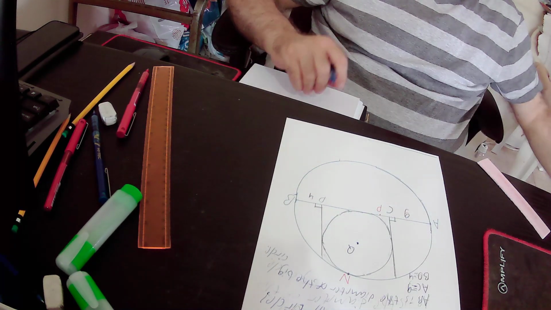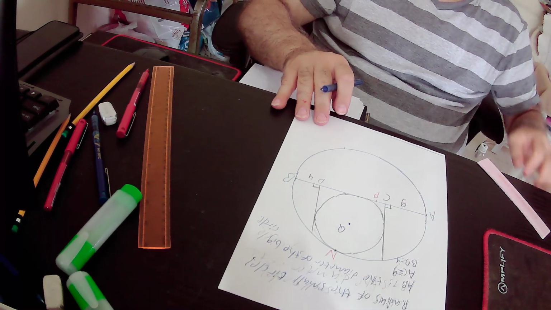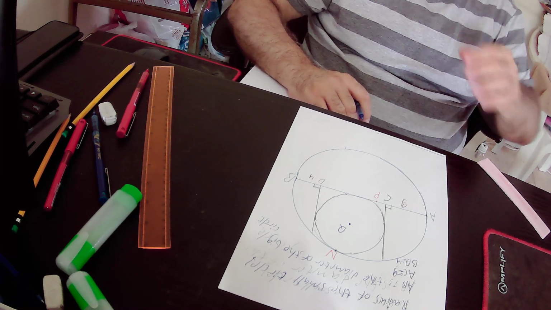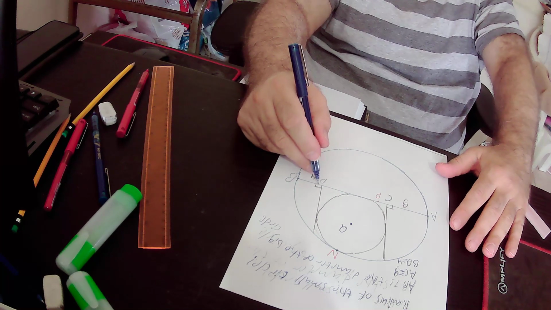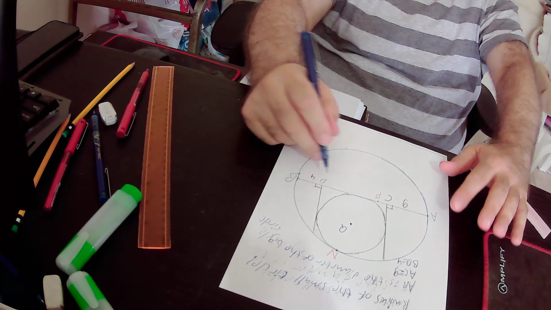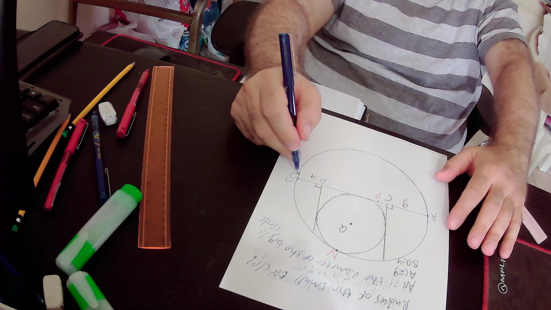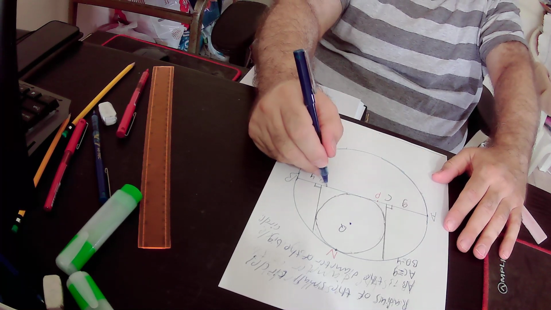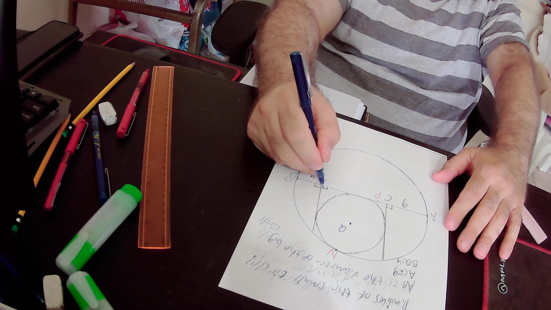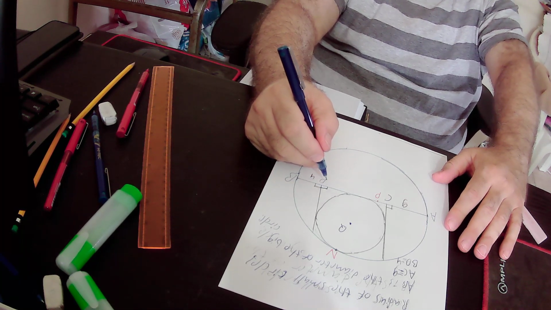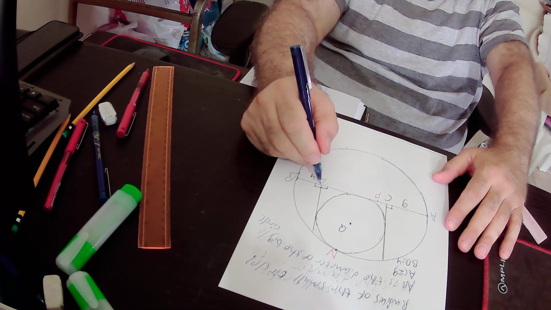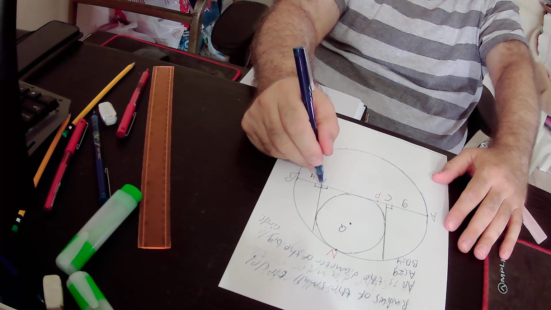Okay, and we also know that this is a right angle and this is a straight line, so this must also be a right angle, because of the rule that the sum of the angles on one side of any straight line equals 180 degrees.